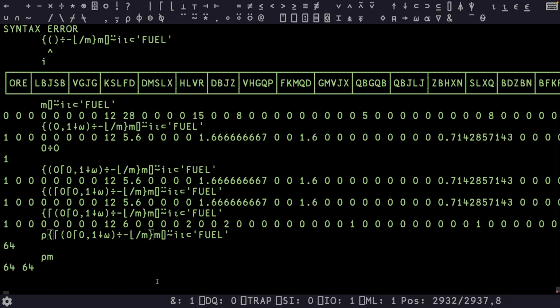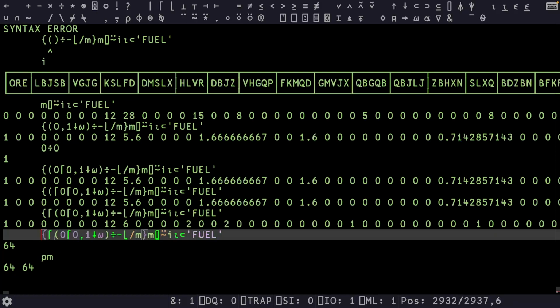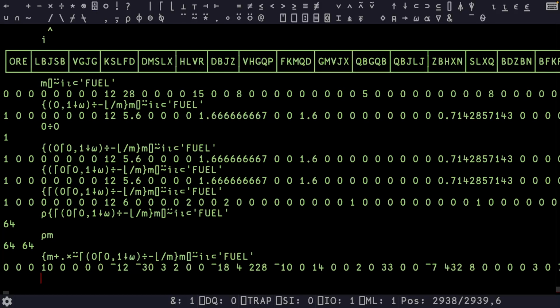And the really interesting thing is that you can do that with an inner product. So if we do plus dot times commute, we get this. Now, inner product took me, to be honest, probably a couple years to understand properly.